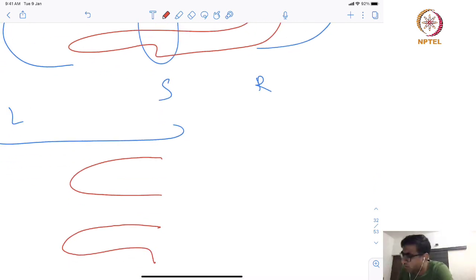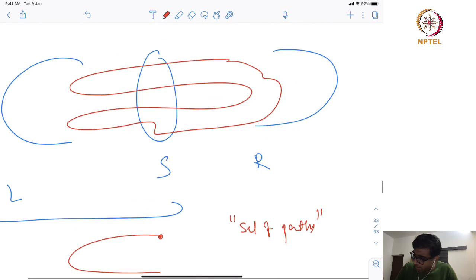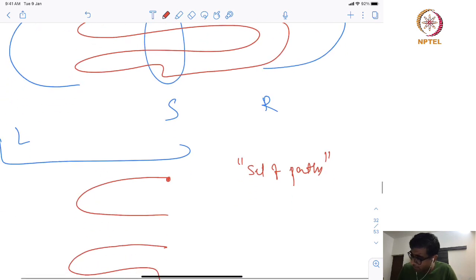So partial solution is basically some set of paths. And what is the property of these paths? These paths somehow start in the separator bag and end in the separator bag in some sense. So what is the property?